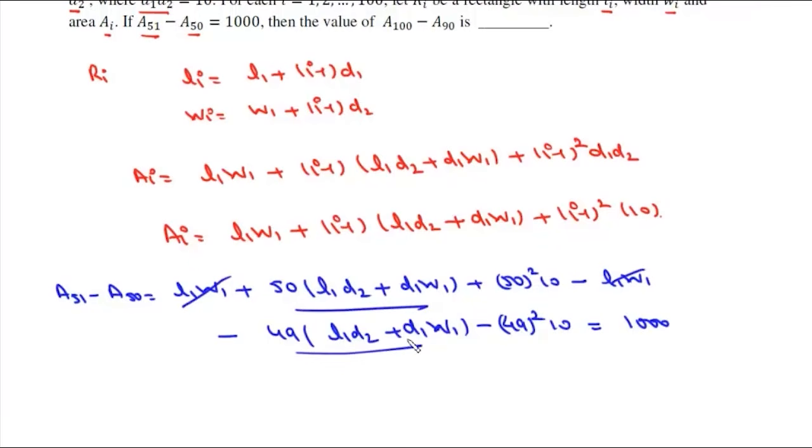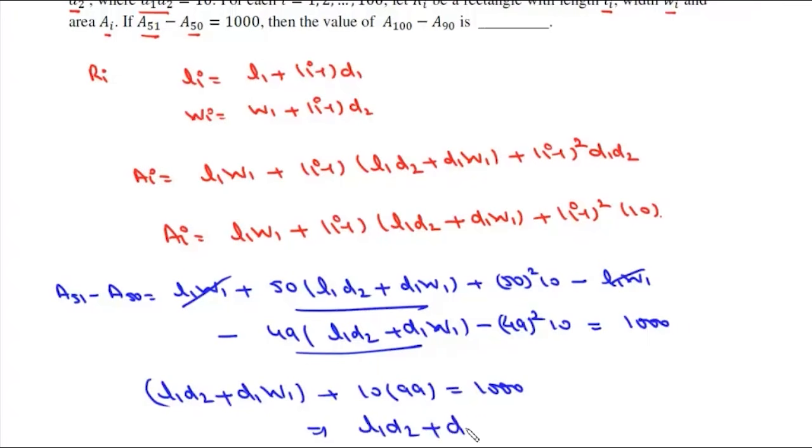Now 50 minus 49 is 1, so it will be this L1 D2 plus D1 W1, and here we'll take 10 common, and this is A square minus B square, which is A plus B into A minus B. So it will be 10 into 99 and this is equal to 1000. Now 1000 minus 990 is 10. So from here we'll get L1 D2 plus D1 W1 will be equal to 10.